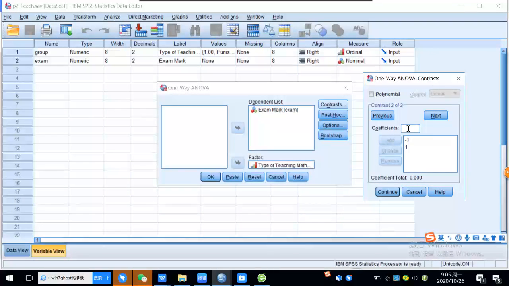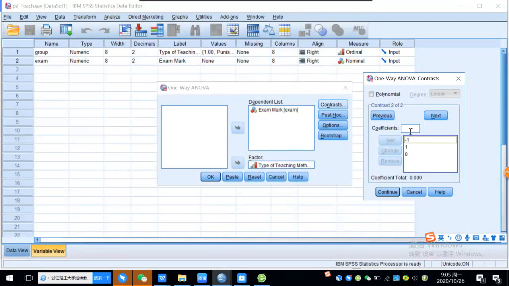For indifferent, 1. For reward, 0. So you should have these values in your mind: 1 is punishment, 2 is indifferent, 3 is reward.